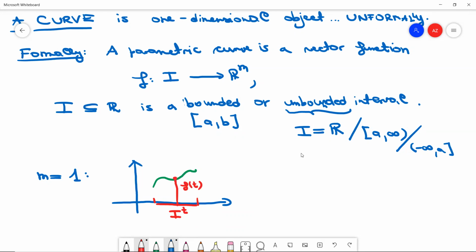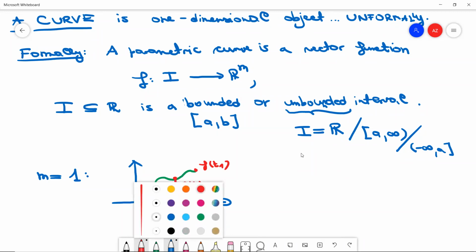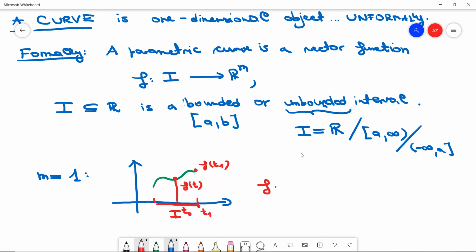And then for another t, let's say t1, this is some value, f of t1. So in fact, this green curve was just a vector function from R to R.